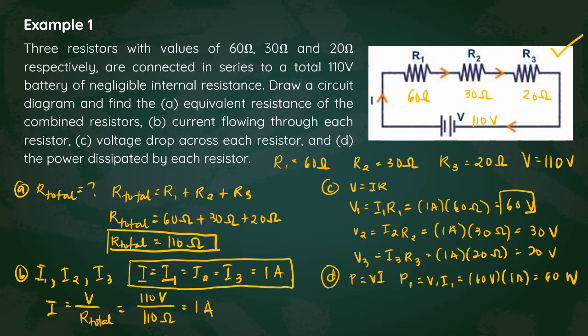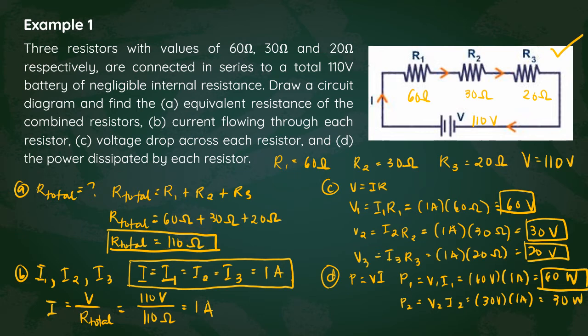So this will be our answer, by the way, in question C. And for question D, P1 is 60 watts. How about P2? That's V2 I2. The voltage of resistor 2 is 30 volts times 1 ampere, so that's 30 watts.